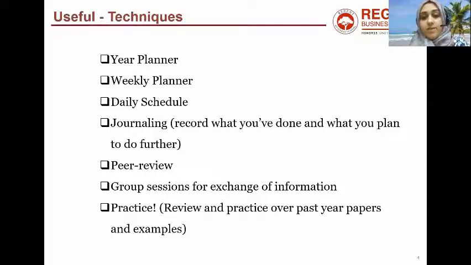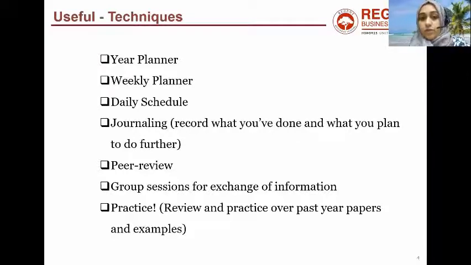For example, if somebody's studying communication, you may want to do a presentation in front of your parents. You may want to do a presentation in front of your spouse and ask them for their feedback. That's peer review. You could also do an online virtual session with a group of friends and get their feedback before you go in for your actual assessment. So that is also part of peer review.